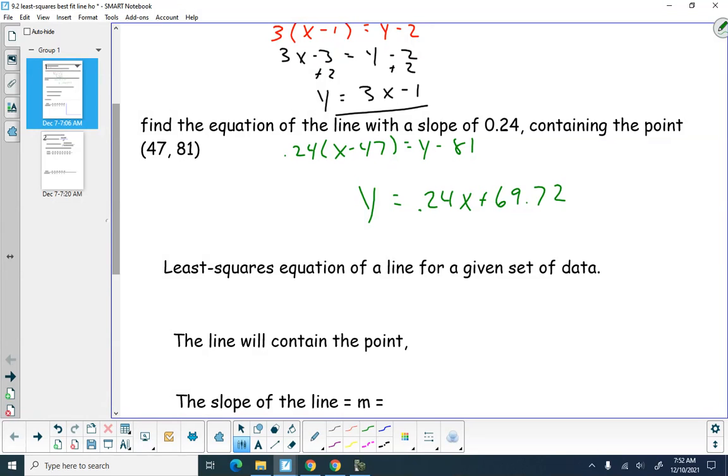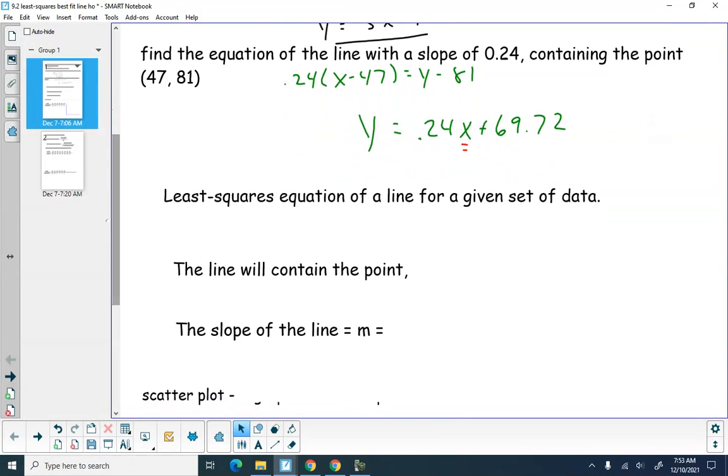So we want to determine a set of data in two variables and determine an equation of a line, because if I can determine this equation of a line or parabola or any type of polynomial, I can make a prediction. Given a specific x value, I can predict y. This is called a least squares equation of a line for a set of data.